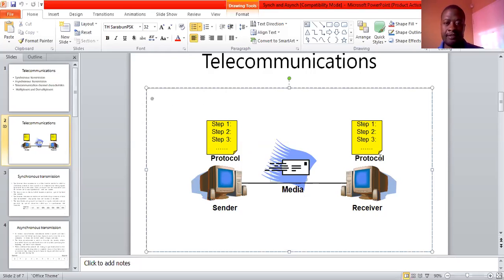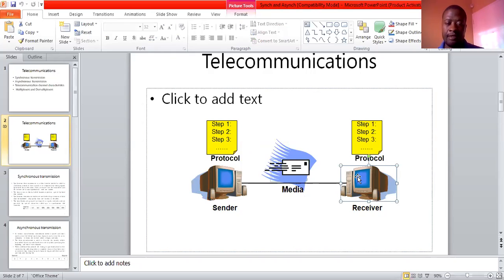And then for whatever exchange of data between these two PCs, you also need a protocol. We say the protocol is a set of rules that govern the communication between the two. Okay, so if this is a client and this is a server, like a web server, the protocol that needs to be used here is HTTP.